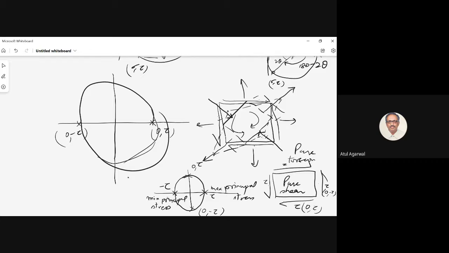So this plane is having maximum tensile stress. This is having maximum compressive stress, and they are represented here. So you see these are also separated by 45 degrees. 90-degree separation in Mohr circle means 45-degree separation in the actual world.